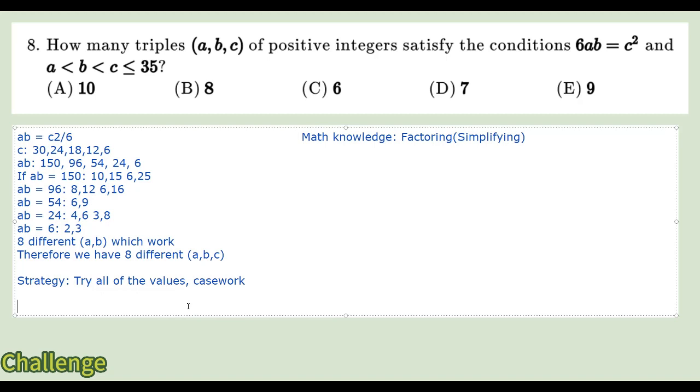There's something called a computer program, which can try all of the values of A, B, and C. Since A has at most 35 possibilities, B has at most 35 possibilities, and C has at most 35 possibilities, it's 35 to the power of 3, and this isn't a really large number for the computer to try. So it can just figure this out in like 1 second. But obviously we're not using a computer program during a contest. But it is another solution though.